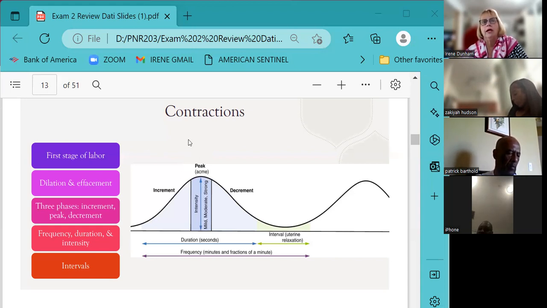When a mom has a contraction, I'm watching the baby's heart rate, because babies actually have to hold their breath during a contraction. When you have a contraction, it compresses everything. The cord that carries all the oxygen is compressed.